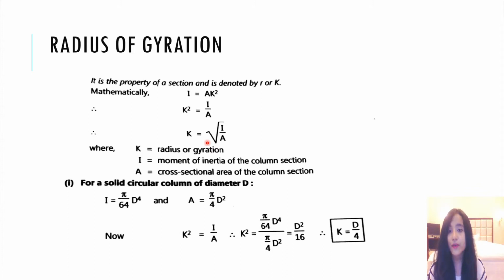It is a property of a section and it is mostly denoted by K. From the relation moment of inertia I equals A K square, we get K square equals I by A, and K equals root over I by A. We have also calculated radius of gyration for various sections. Here K is radius of gyration, I is moment of inertia, and A is the area of the cross section.